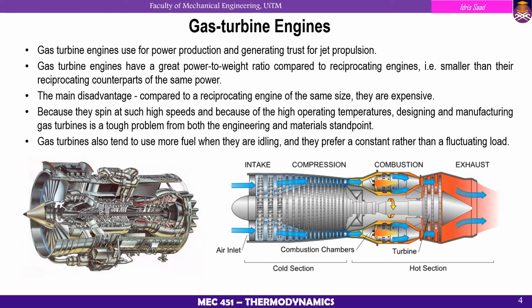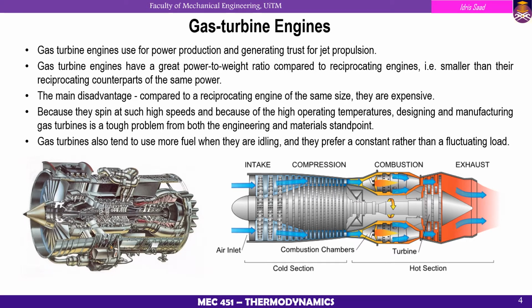Because of these two factors, the design and manufacturing of the gas turbine engine is a very tough problem from both the engineering and material standpoint. Obviously, the operating temperature is very high, so it needs materials that can withstand such high temperature. Normally, that kind of material is very expensive.